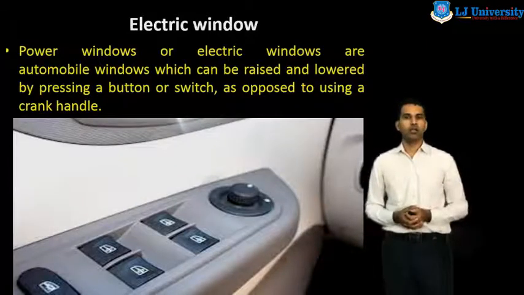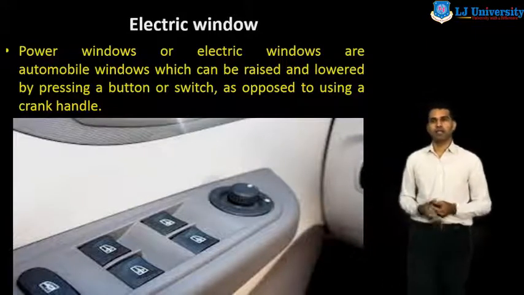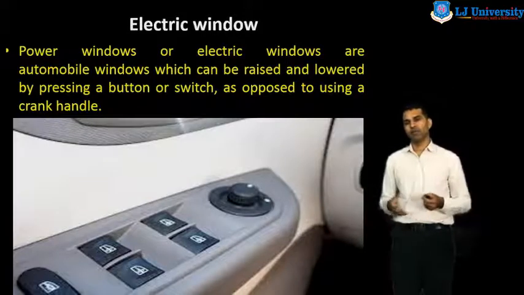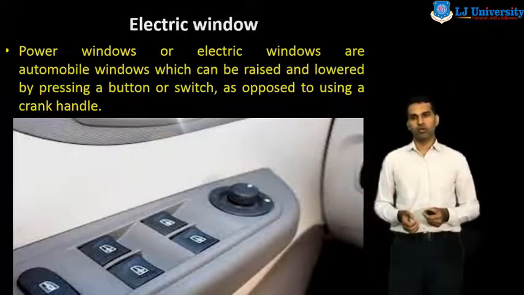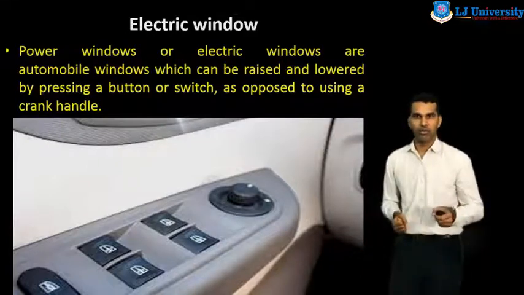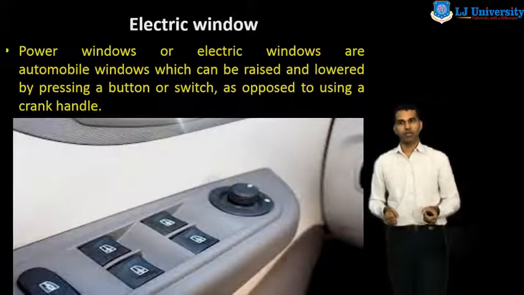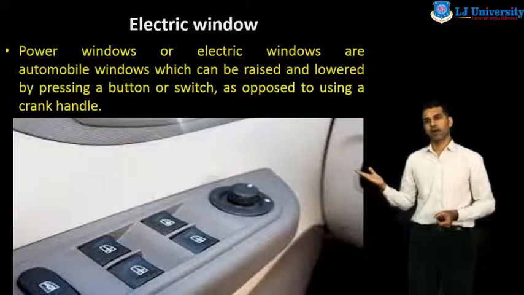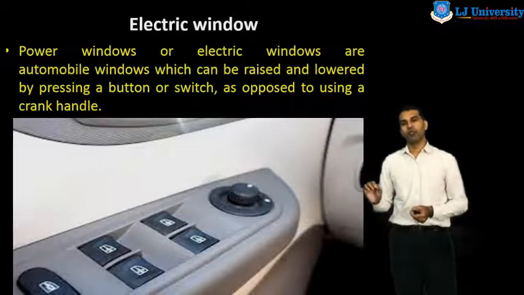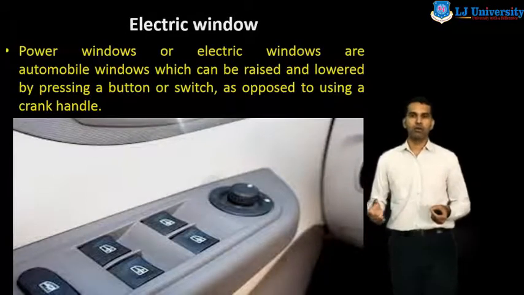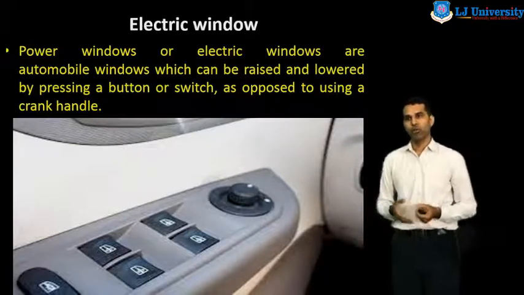We know that before this invention, the person had to manually close the window by rotating the handle. Now the power window system is available. By just pressing a switch, we can close the window, or open the window.